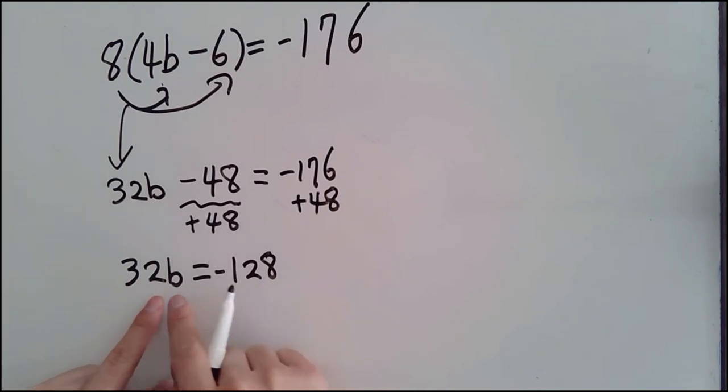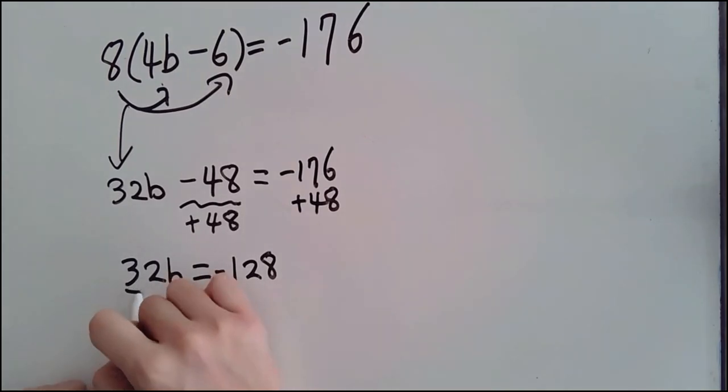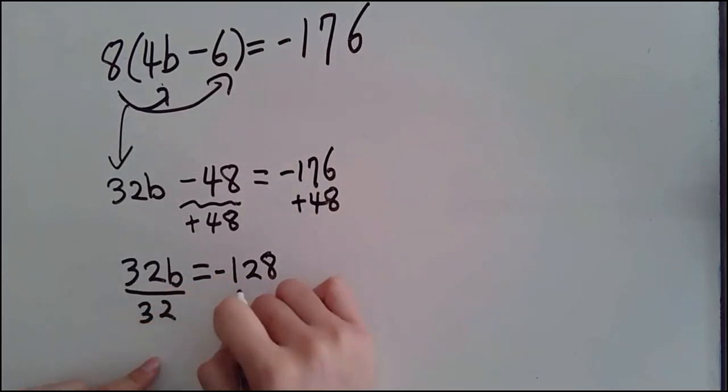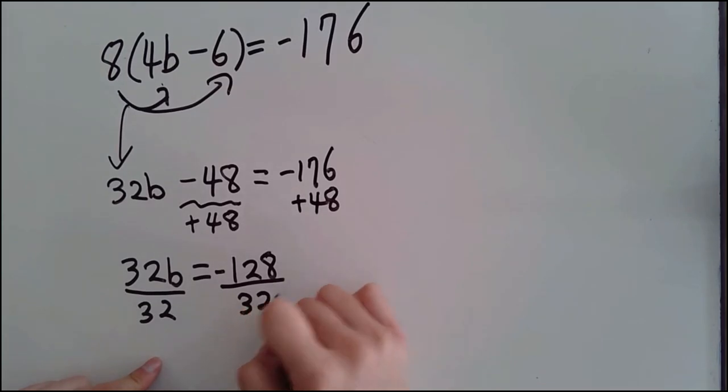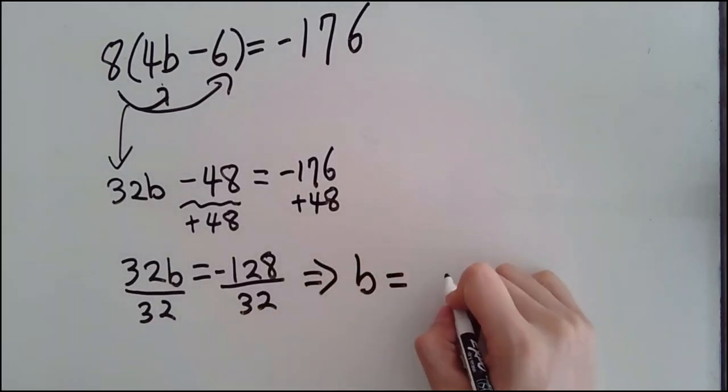Now I want the b alone, and 32b means 32 times b, and the opposite of times 32 is divide by 32. So I divide both sides by 32, and I get b is equal to negative 4.